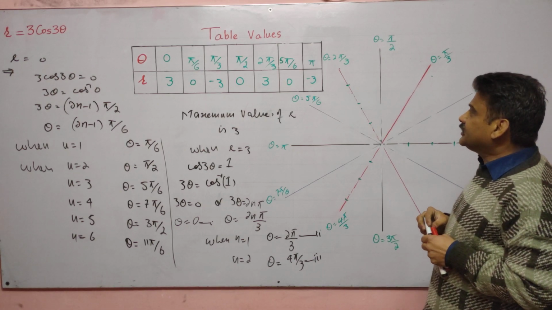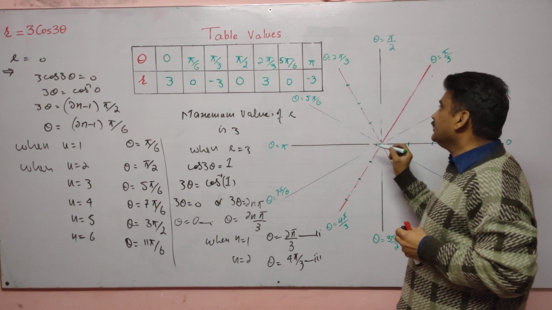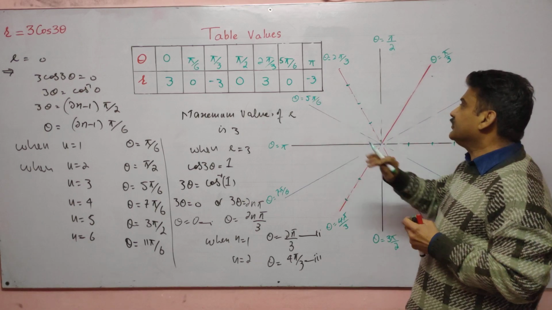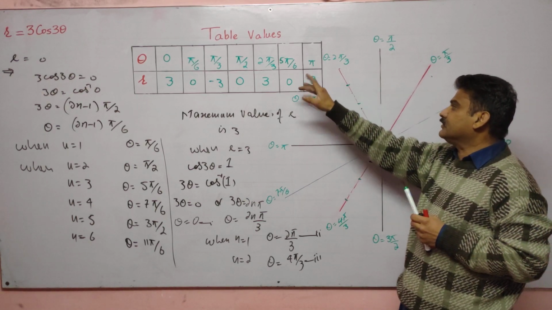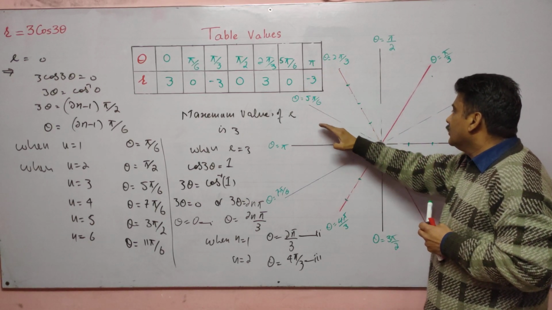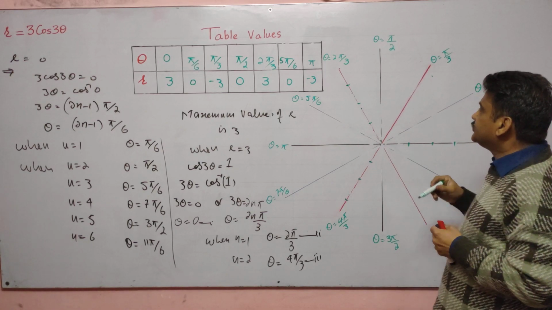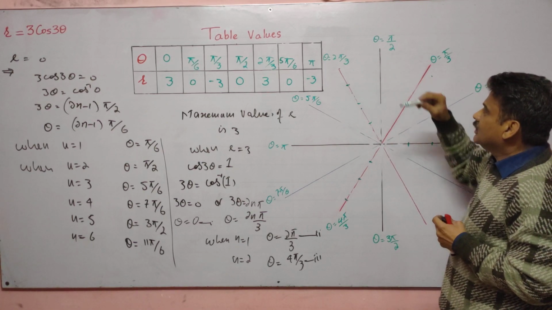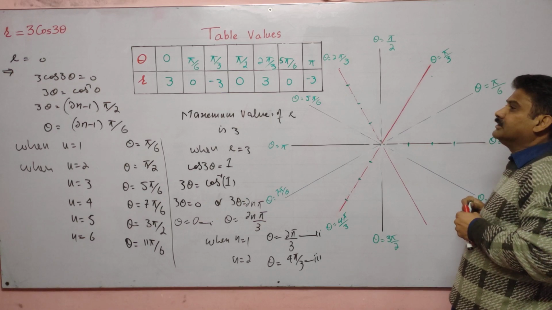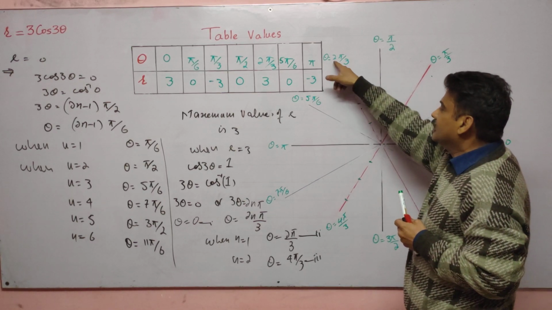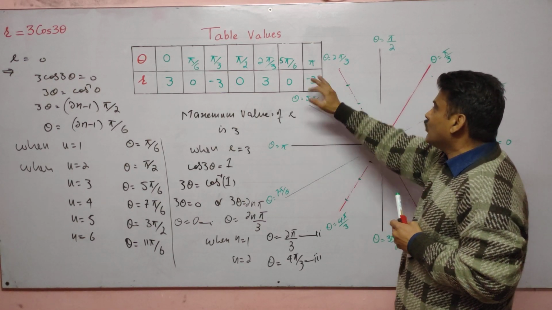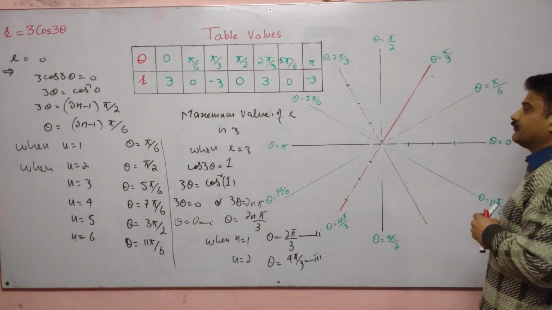When theta is 5 pi by 6, this is the line for theta is 5 pi by 6. You know, when theta is 5 pi by 6, the value of r is again approaching 0. This is the interval for the second loop. When theta is equal to pi, again the value of r is minus 3.